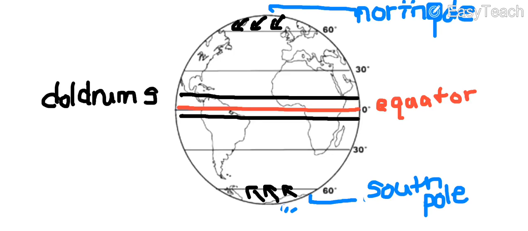Both of these polar winds have the same name. Remember, directions of wind are determined from where they blow from. So these guys are called polar, and they're coming from an east direction, so they're polar easterlies.